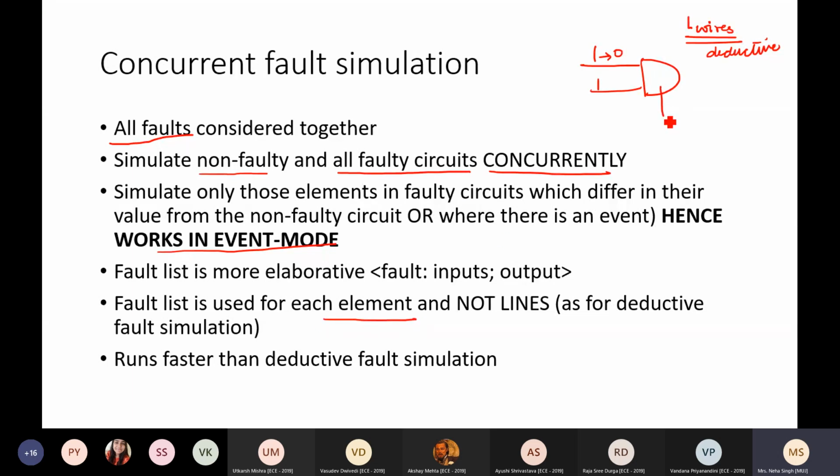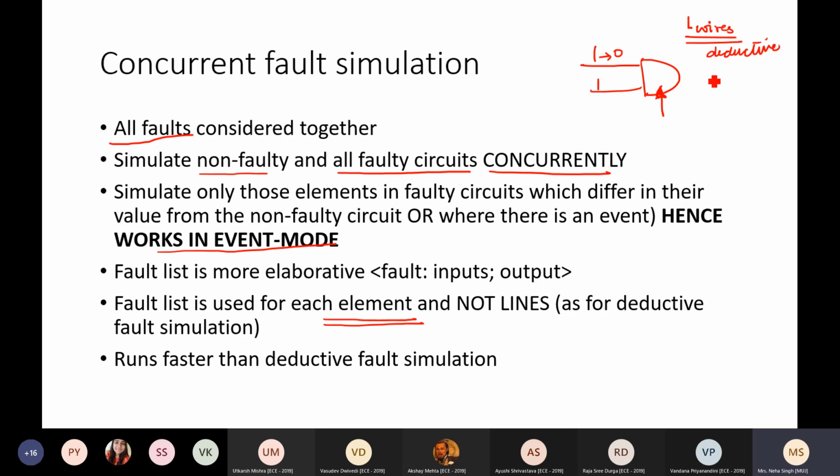It means we will consider the fault at this gate, not individual wires. तो पहले जहां हम दो lines के लिए analysis कर रहे थे, दो fault lists निकाल रहे थे, अभी concurrent fault simulation में we will consider it as only one gate. ठीक है? So we are working for each element and not the lines in concurrent fault simulation.